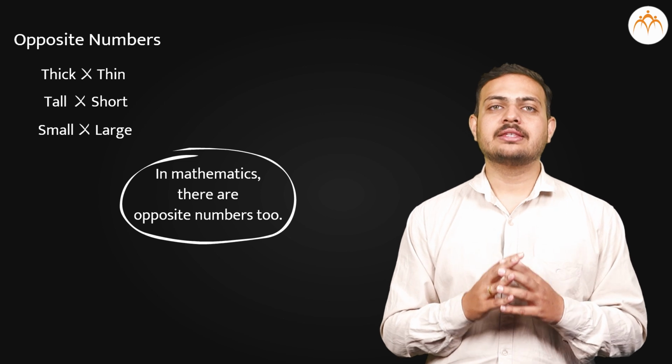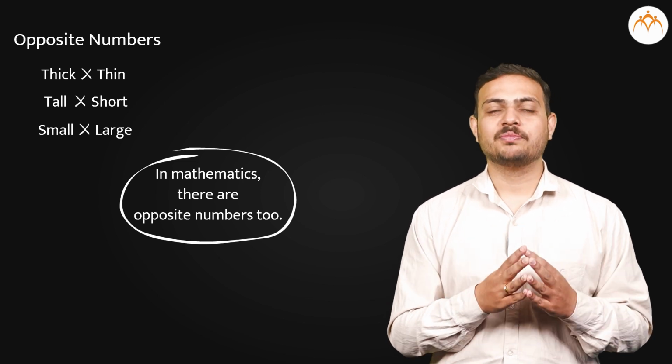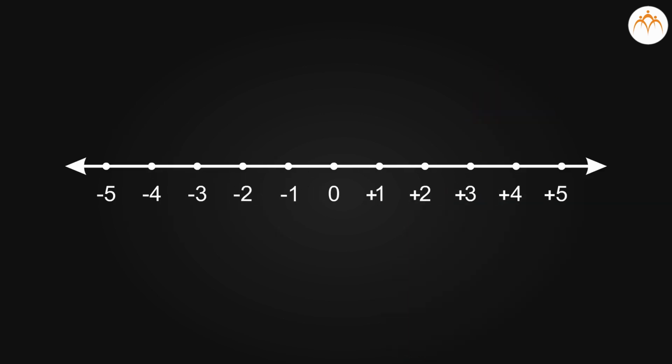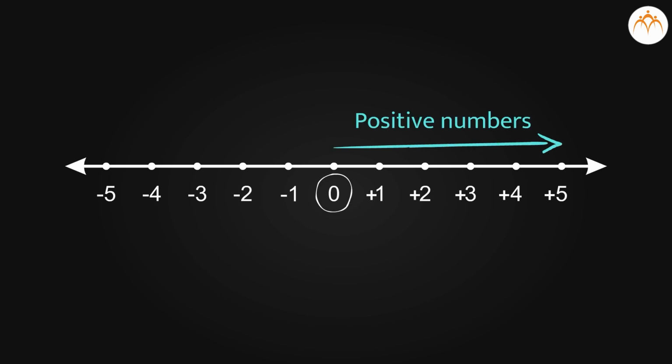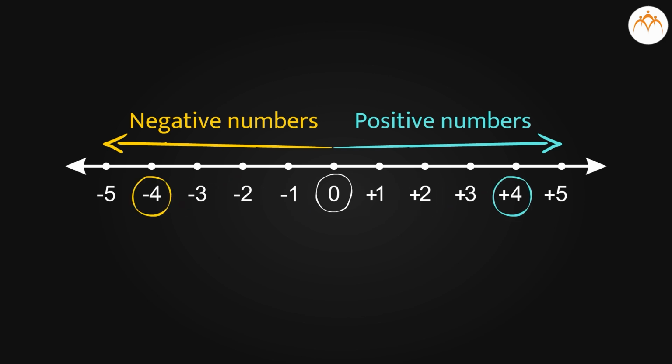In mathematics, there are opposite numbers too. Remember the number line? You can see it on the screen. The center of the number line is 0. Positive numbers are on the right of the 0 and negative numbers are on the left. Opposite numbers are at equal distances from 0 but in opposite directions.